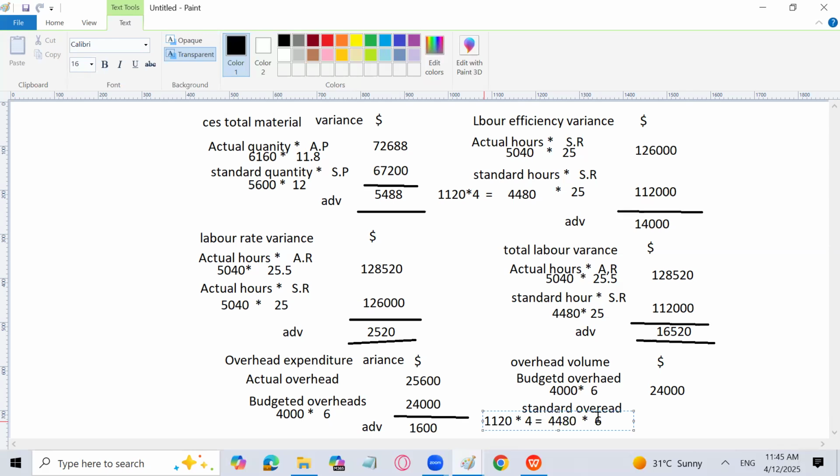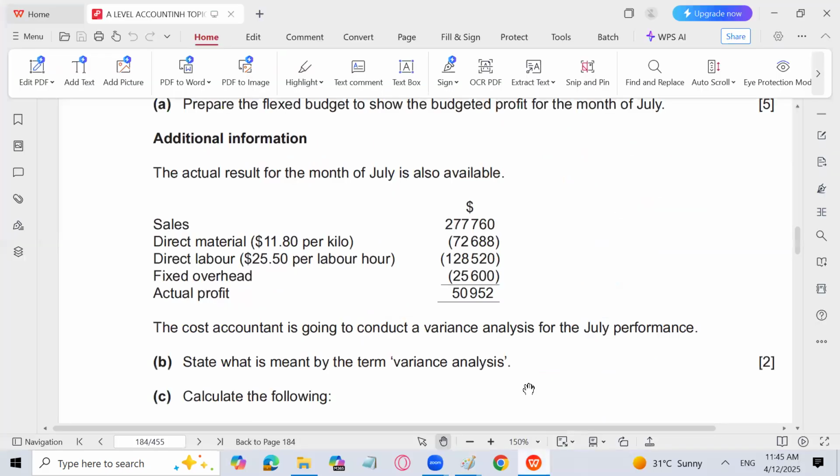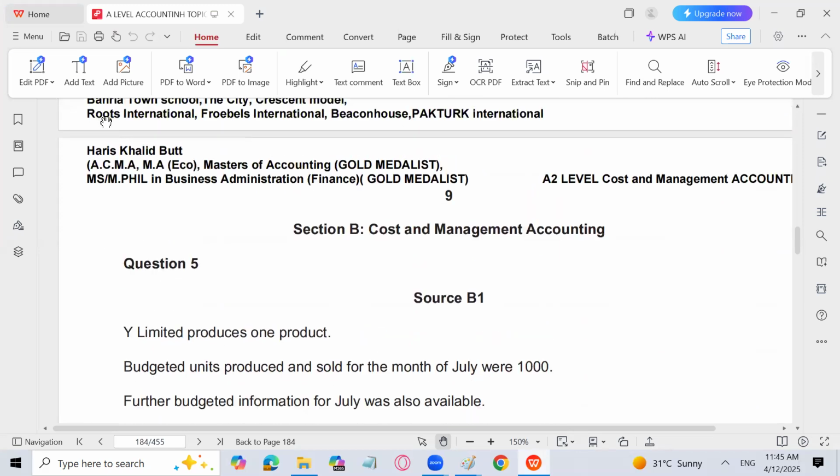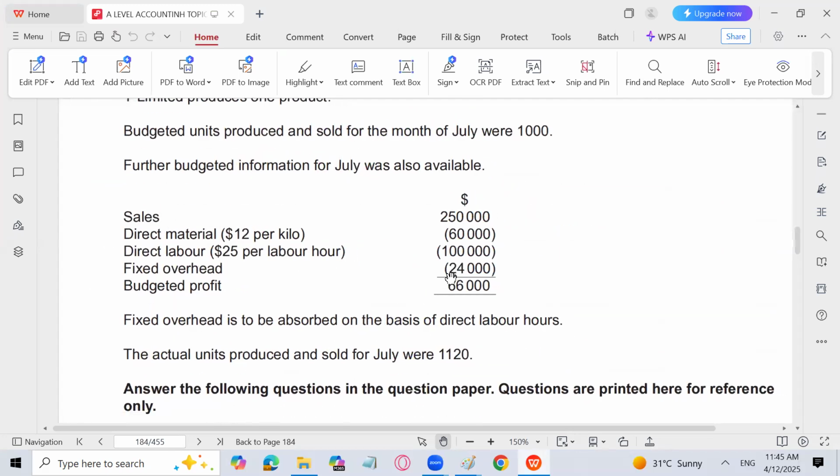Sir, why are we multiplying it with 6? Why not 25? Because the standard overhead rate is 6. Calculate it: 24,000 divided by 4,000, because the budgeted hours are 4,000. So $6 per labor hour is the fixed overhead rate as per standard.